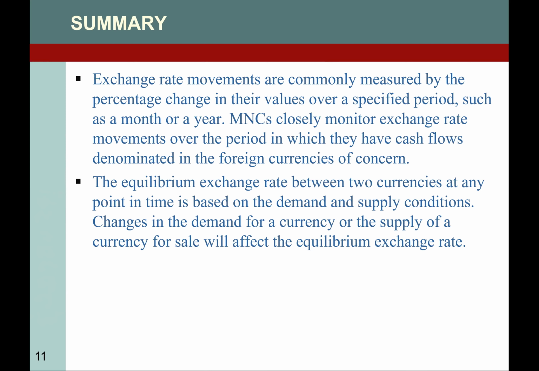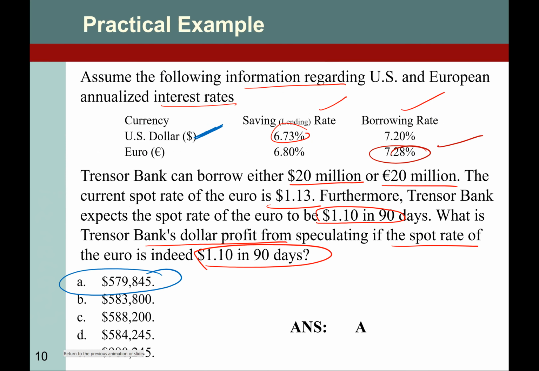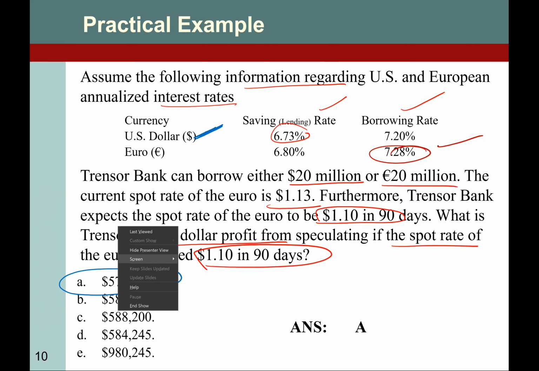Yes, Jamal, just like an algebraic question. If I take this rate, because it's 90 days, I have to multiply it by 90 over 360, but I could just divide the rate by 4. Does it make sense?